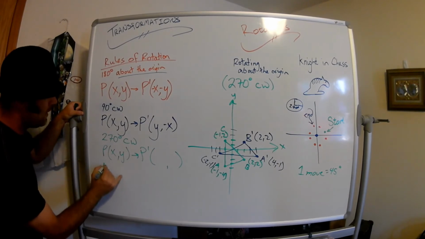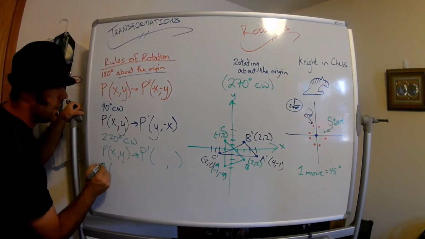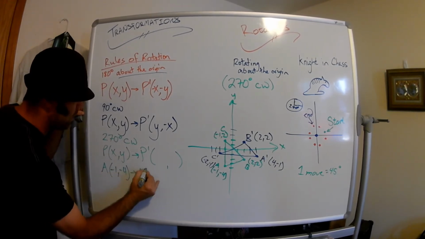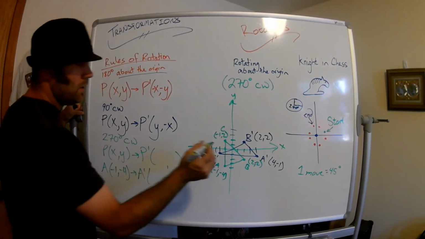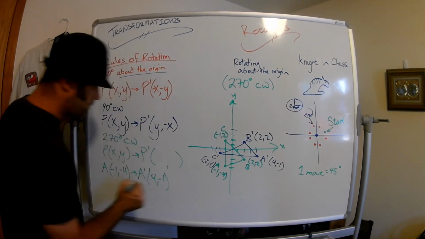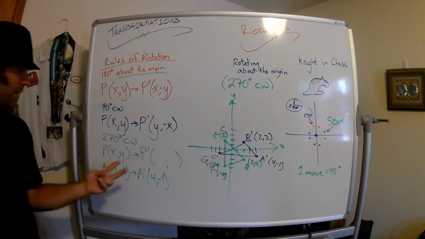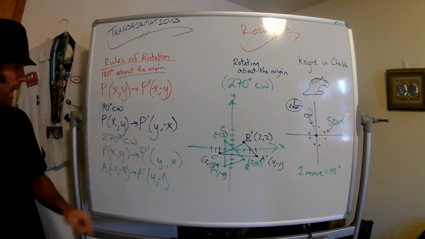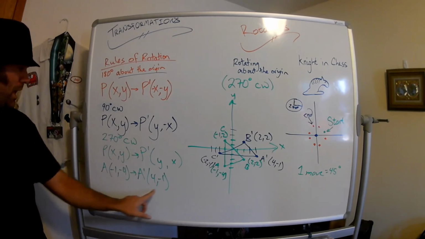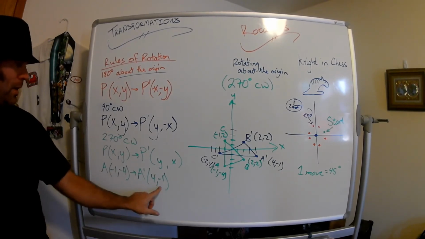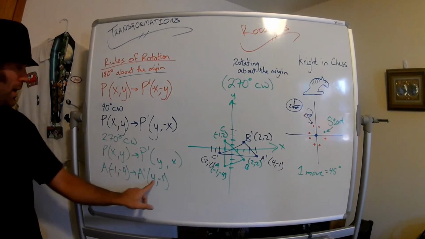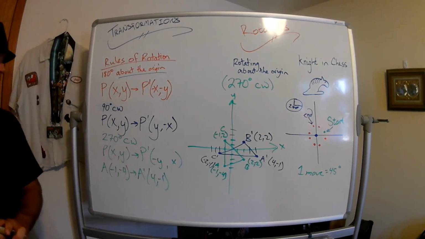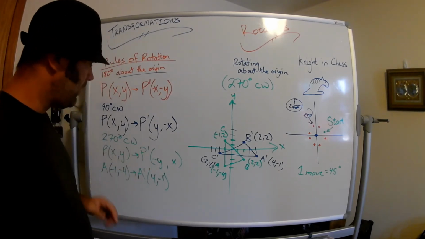So we know A was negative 1, negative 4, and it became A prime of 4, negative 1. So let's see here. They swapped positions, y and x, and the negative 1 became a negative 1. So the x kept its sign, but the y changed sign, became a negative. Negative y, x.